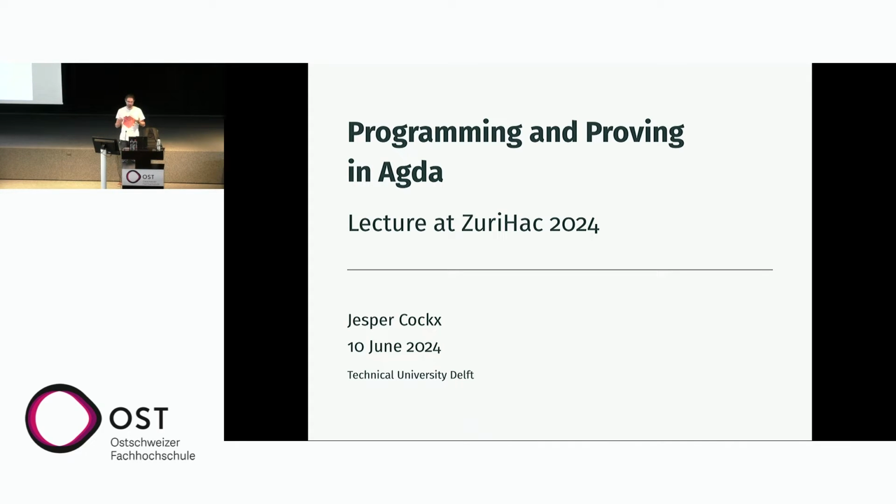But when I read that, I also thought, it's nice to write proofs on paper, but why can't we write these proofs in a proof assistant and actually have them be verified? And so that's the end goal I want to reach in today's lecture: to show you how to write equational reasoning proofs about simple Haskell-like programs and prove them correct in Agda.